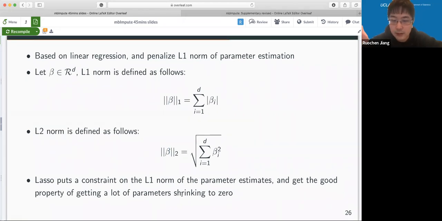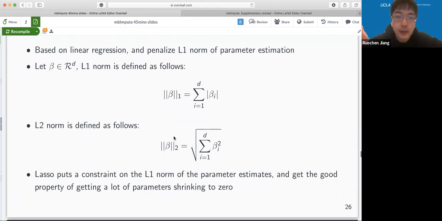As I mentioned, that leaves us with only a very few parameters that have non-zero estimates, which avoids the problem of overfitting, and we can also select which features are more important in our model.